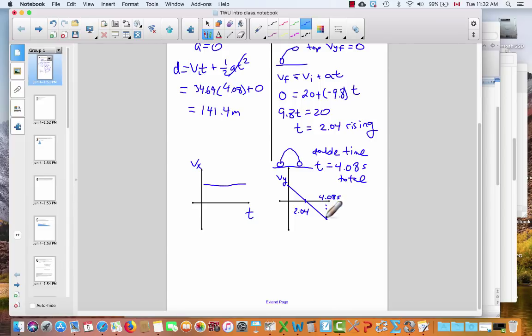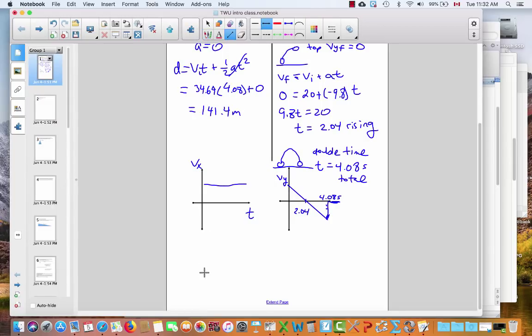That's when it hits the ground. So at that point, the velocity very quickly is going to become 0 and just be along the axis there. So this is the time, the impact time with the ground. So this is rising, reaching the top. This is falling, hitting the ground and stopping.